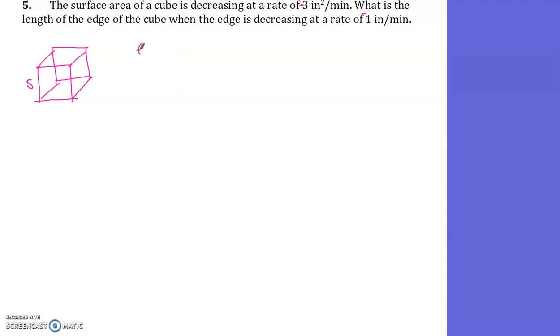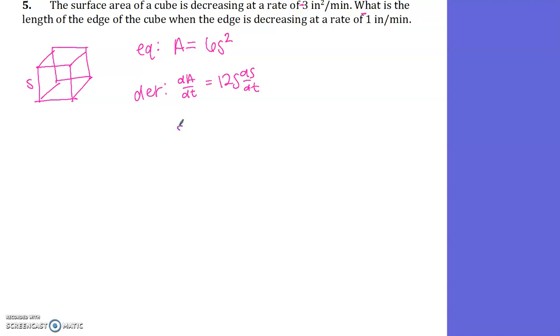We're dealing with surface area, so the equation I should be using is the area equation. That's going to be 6s squared. Then the derivative, dA/dt equals 12s ds/dt.